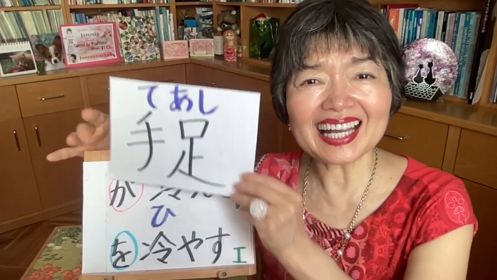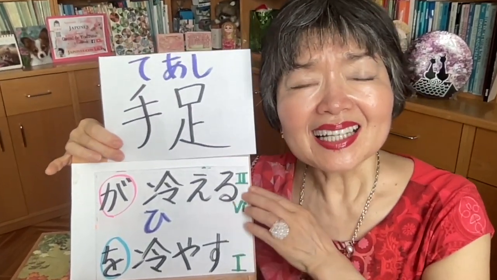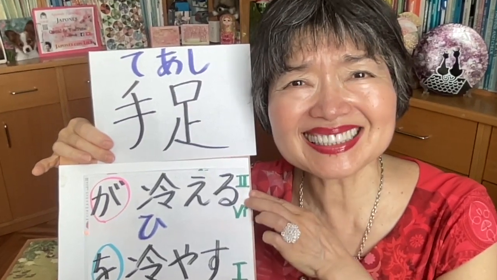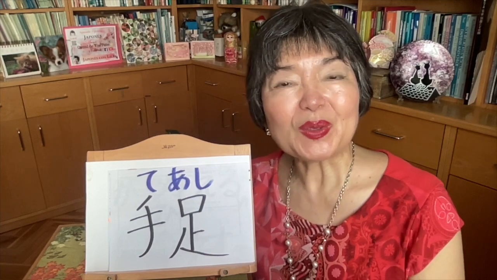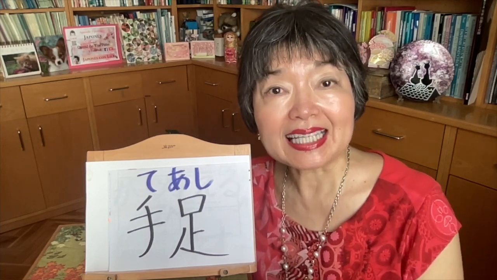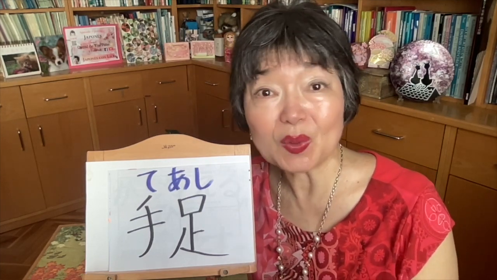手足が冷えます。Now you understand quite a lot of Japanese. So when you want to say something, you can say it in some ways, not only one.